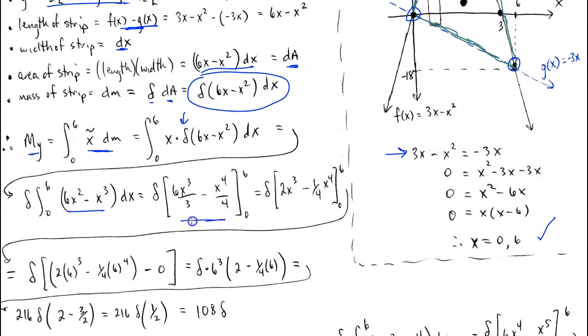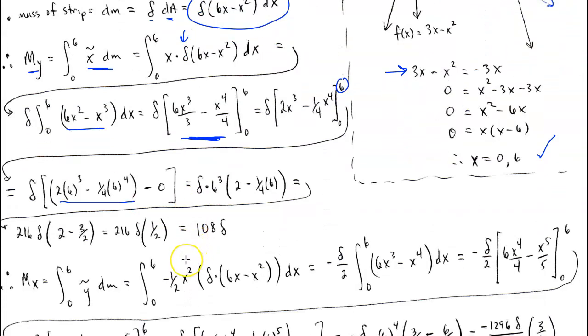So taking the antiderivative gives us what we have here. Simplifying that will give us 2x cubed minus 1/4 times x to the fourth, and we evaluate that from 0 to 6, plugging in 6 first, minus plugging in 0. And of course, plugging 0 into both terms of the antiderivative is going to end up being 0. So all we have to worry about is the first part there.